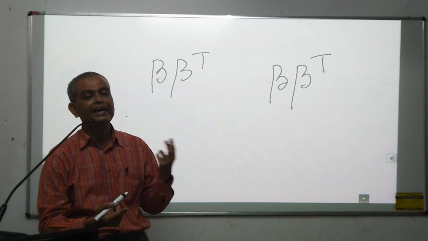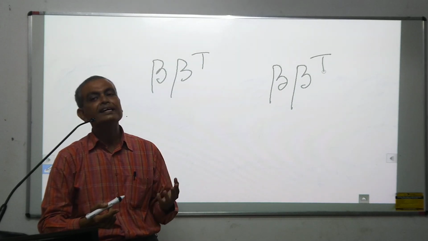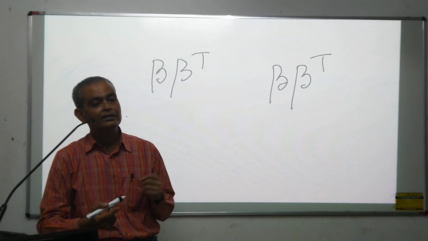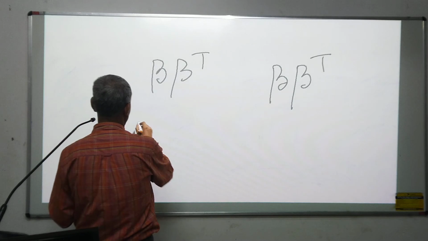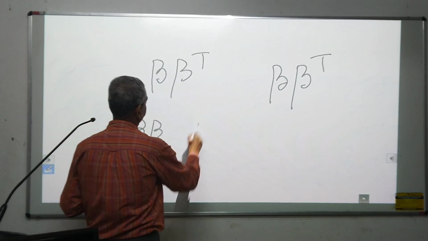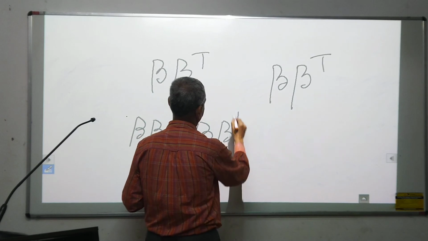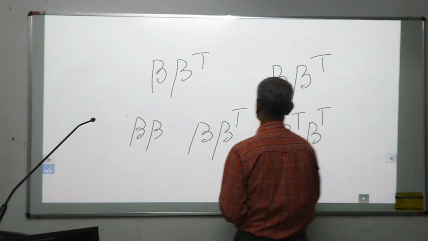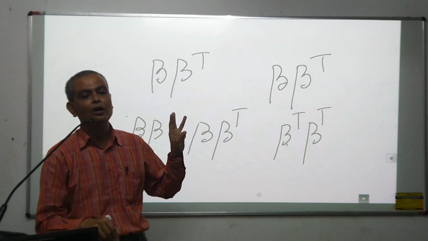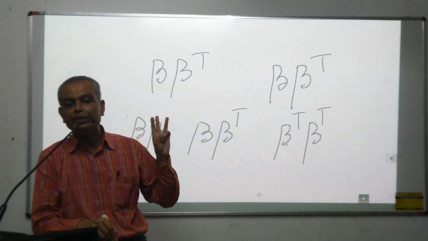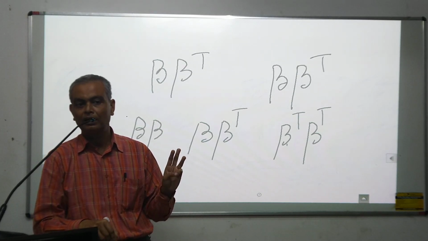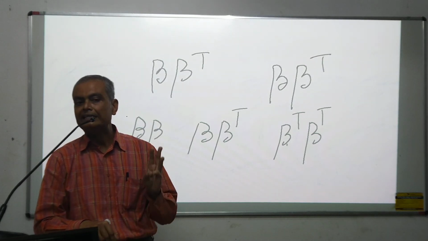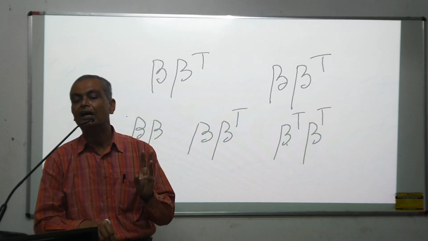So, carriers can marry each other. Then what will occur? Just by a simple table, there are three types of offspring possible: either beta beta, 25% normal; beta beta-T, 50% they will be carriers; and beta-T beta-T, 25% they are sufferers.